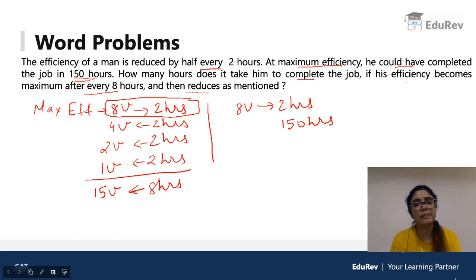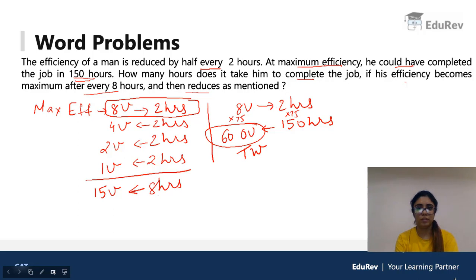So 8 units in 2 hours, then in 150 hours he is going to do how much? 2 into 75 is 150, so it will be 8 into 75. So this will become 600 units. So 600 units is your total work. This is the amount of work we are supposed to do.